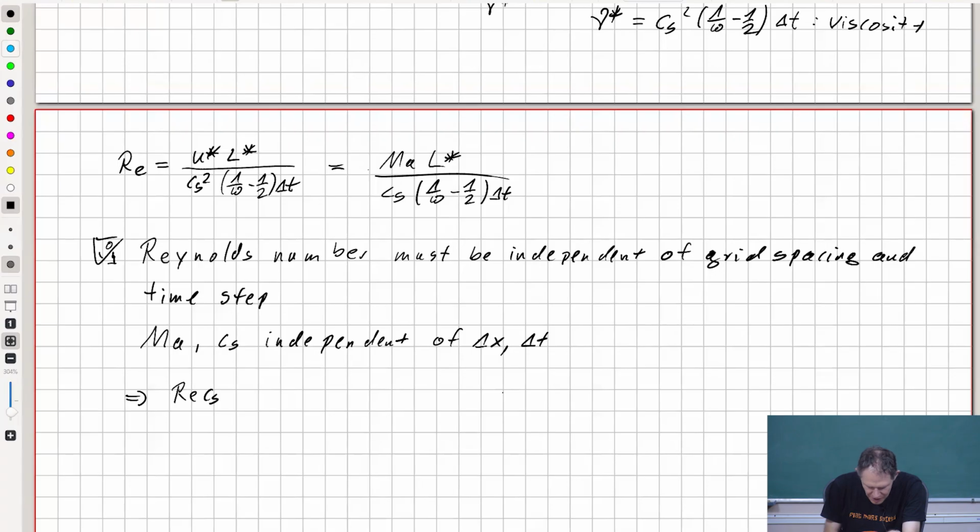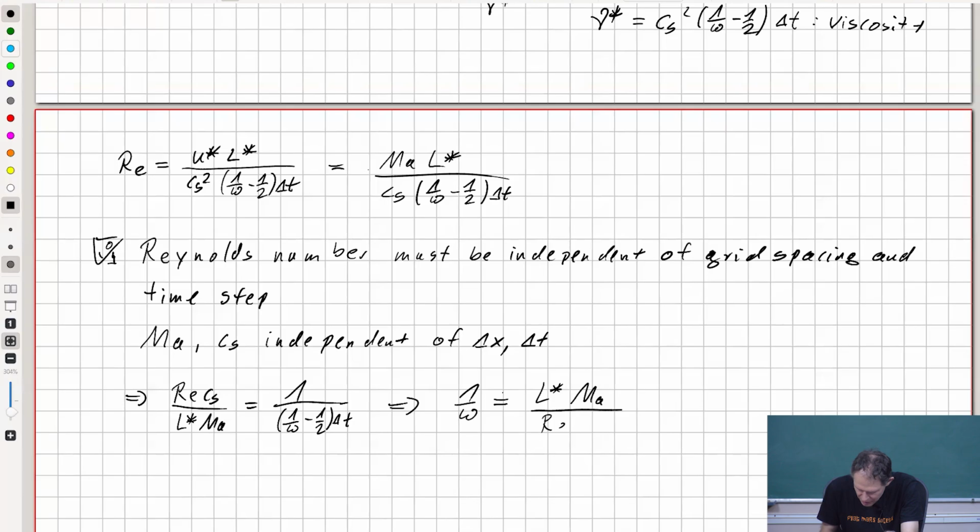So this is the Reynolds number, the speed of sound divided by the length scale, and the Mach number is equal to 1 over omega minus 1/2 dt, which means that 1 over omega can be written as L, the physical length scale, which is constant, times Mach number, Reynolds number times Cs, 1 over delta t plus 1/2.